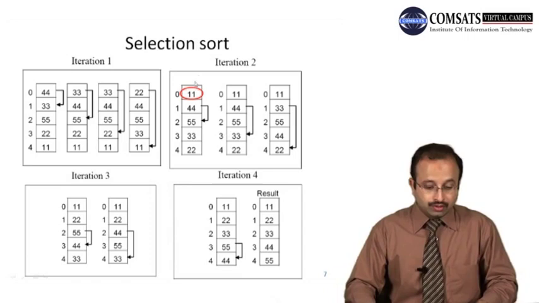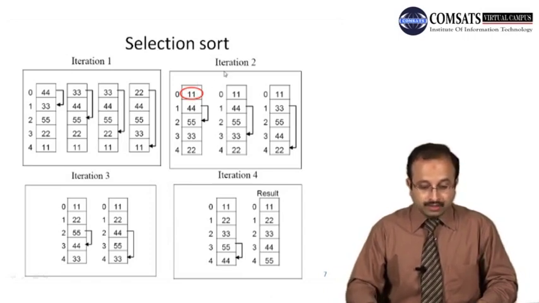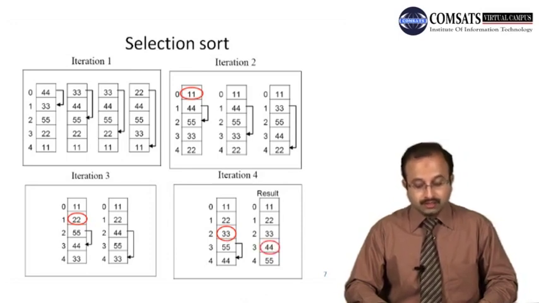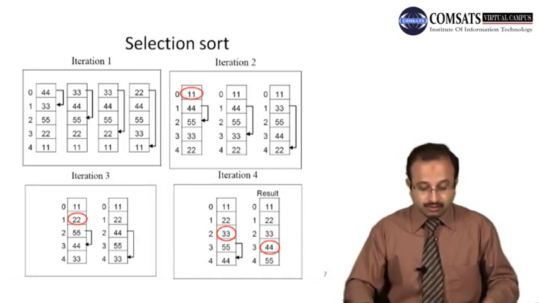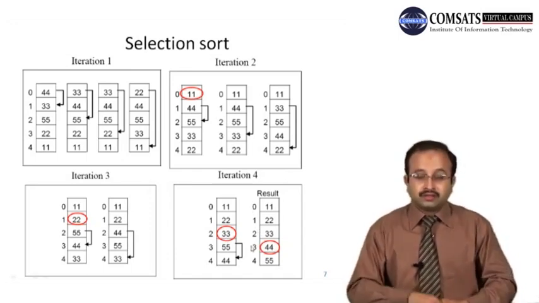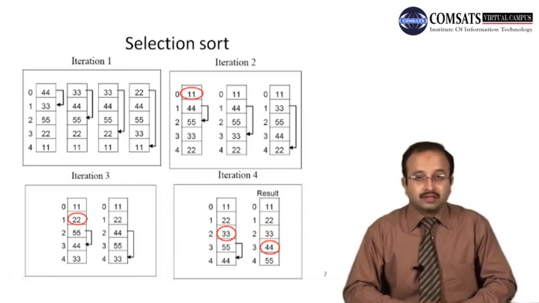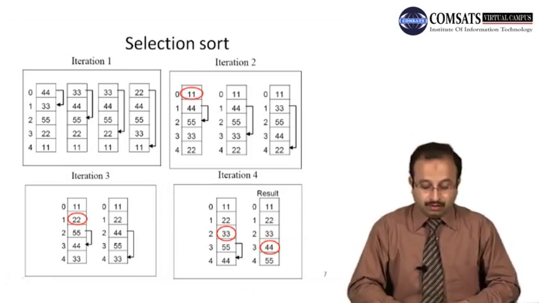Now there is no need to change its position, and after iteration number 2 is finished, the element at the 1th index, the second element, comes on its position, and after the execution of the third iteration, the element at the second index is organized, and after the execution of the fourth iteration, the third index element is organized. And when these indexes 0, 1, 2, 3 are organized, the last element is automatically organized.